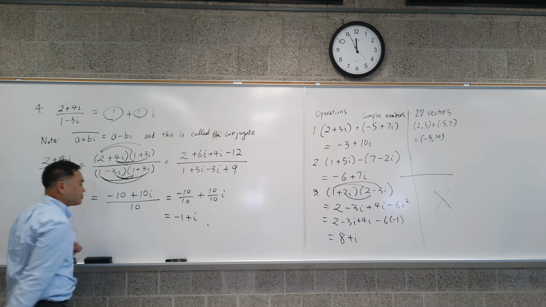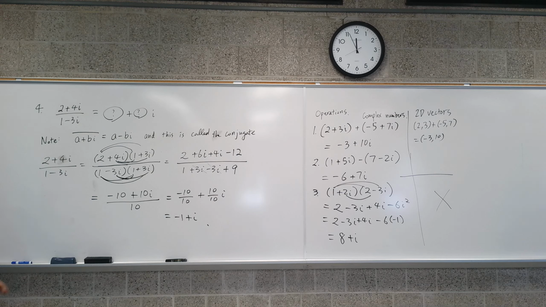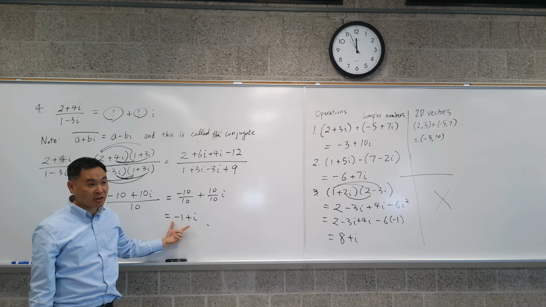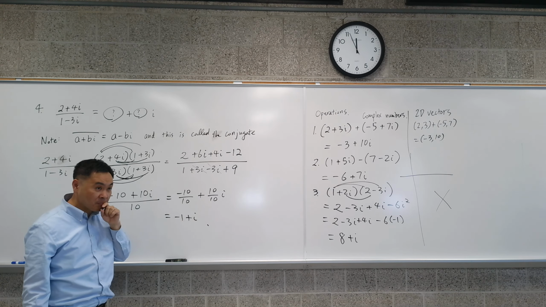Yeah, a real number plus real number times I, right? So that's why you want to multiply the conjugate top and bottom. If you multiply the conjugate top and bottom, then you can simplify the division and be able to write down the result of the division as a complex number. Any questions?